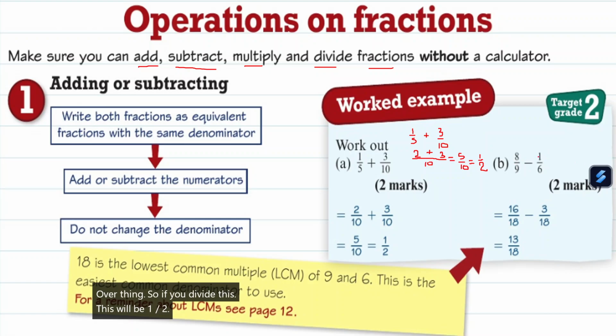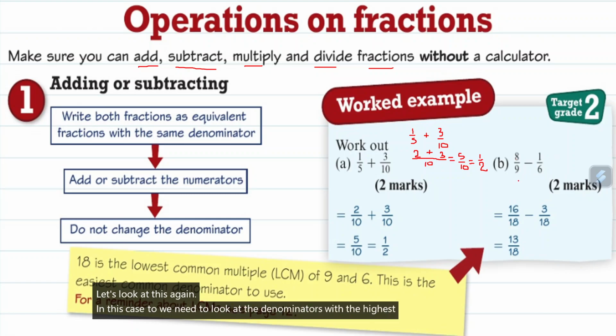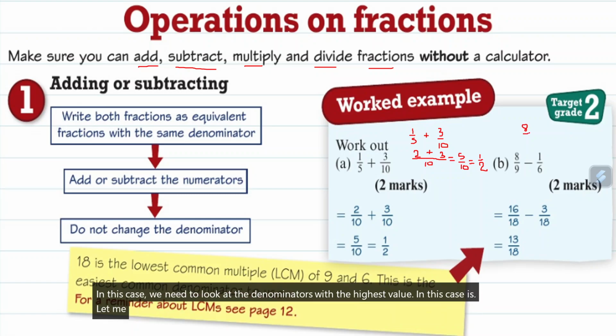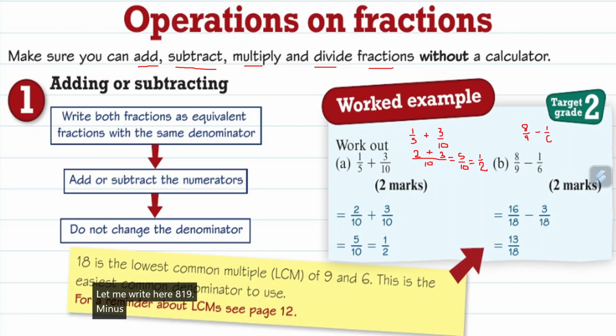Let's look at this again. In this case too, we need to look at the denominator with the highest value. Let me write here, 8 over 9 minus 1 over 6.